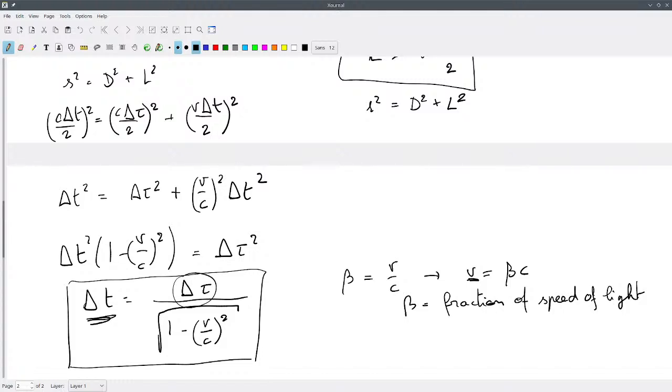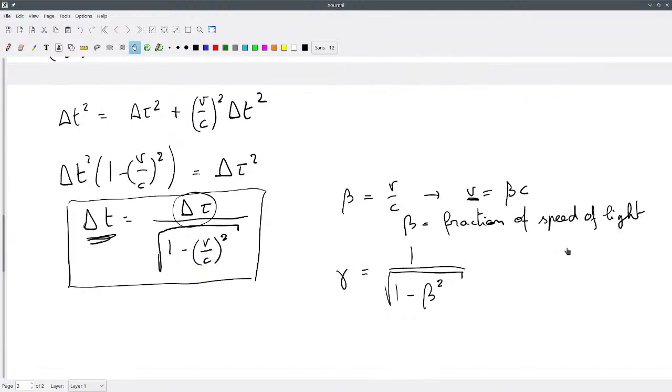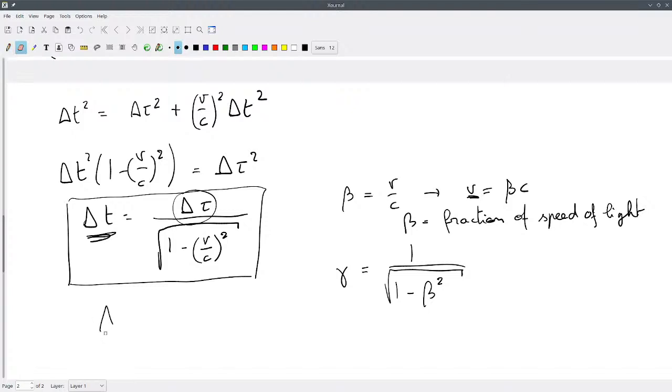So that's the fraction of the speed of light with which the spaceship is traveling. So that's beta. So that means that we really have a 1 minus beta squared here. And we're going to introduce gamma as 1 over the square root of 1 minus beta squared, as this factor. So then we end up with delta t is gamma times delta tau.